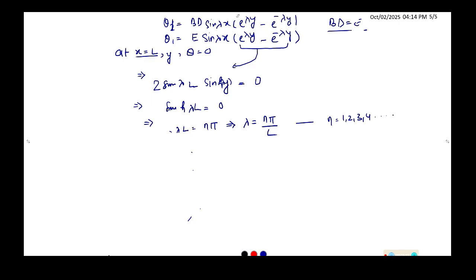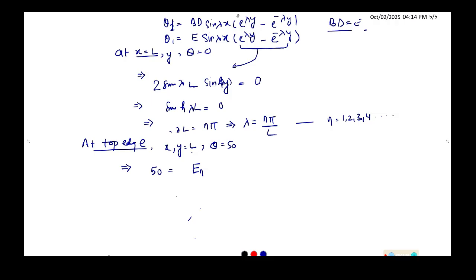Now we have to use the final boundary condition at the top edge. This is at the value of y equals L, where theta equals 50. Since it is a square plate, we are assuming x and y both equal L. Therefore, writing this, 50 equals, this e will now become en for all values of n from 1, 2, 3, 4 and so on.